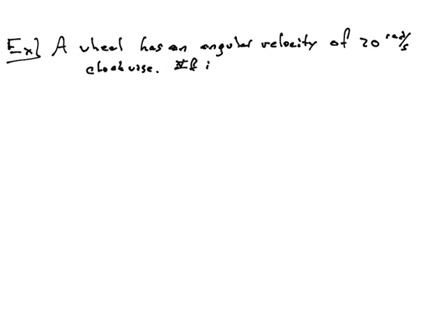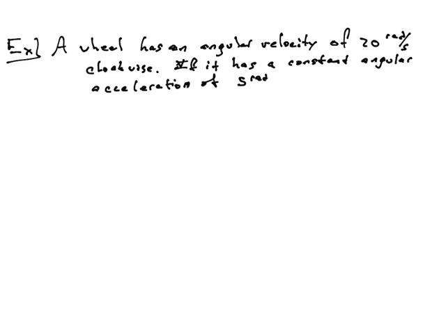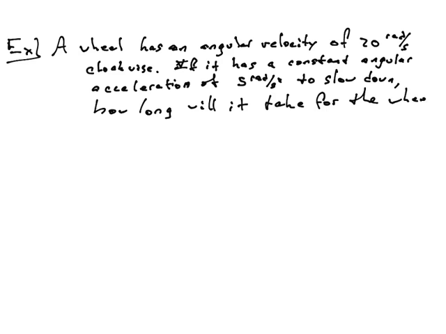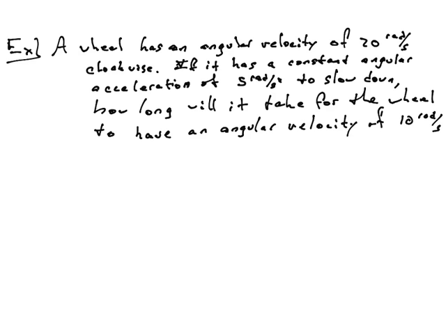If it has a constant angular acceleration of, let's say, 5 radians per second squared to slow down, how long will it take for the wheel to have an angular velocity of 10 radians per second counterclockwise?